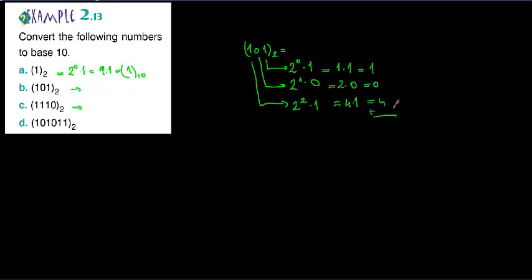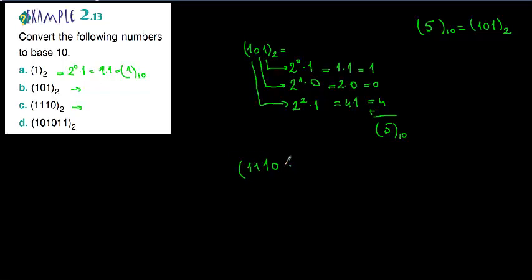When you add them down, here it's going to be equal to 5. So 5 in base 10 is equal to 101 in base 2, in binary system. And I'm going to do the next exercise.